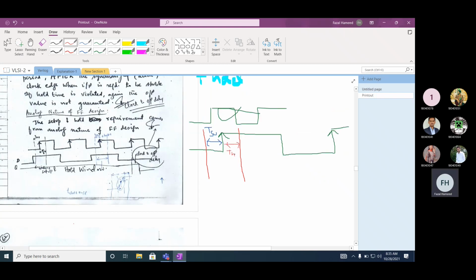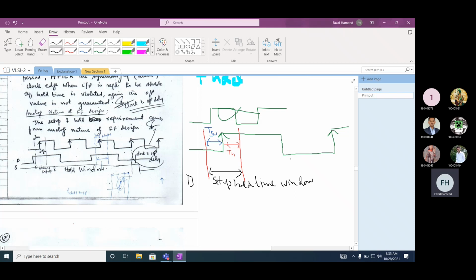Now we will have some input D. So this whole window is called the setup and hold time window, and as a specification the input D must be stable within this window.